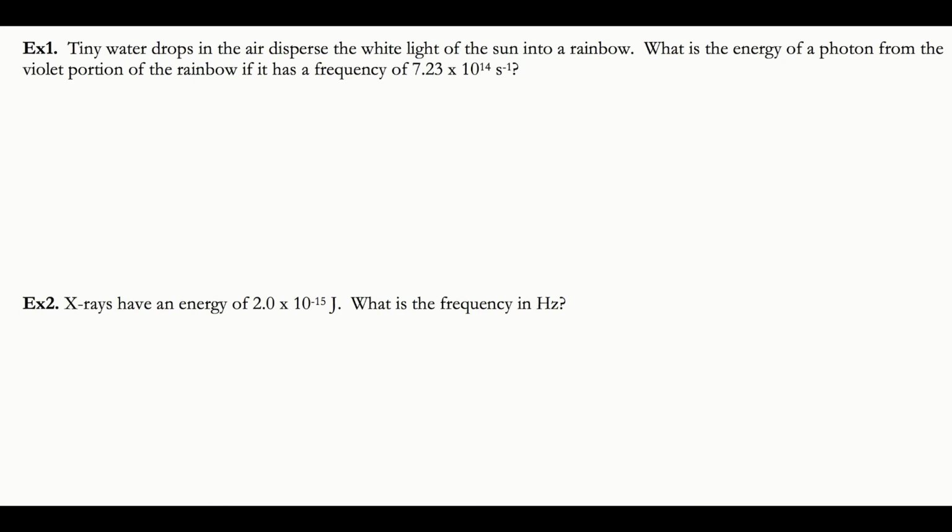All right, for number 1, it says tiny water drops in the air disperse the white light of the sun into a rainbow, as we just discussed. What is the energy of a photon from 7.23 times 10 to the 14th seconds to the negative 1? All right, so I've got my formula. Energy equals Planck's constant times my frequency, my nu. Okay. I'm solving for energy. I know my Planck's constant.